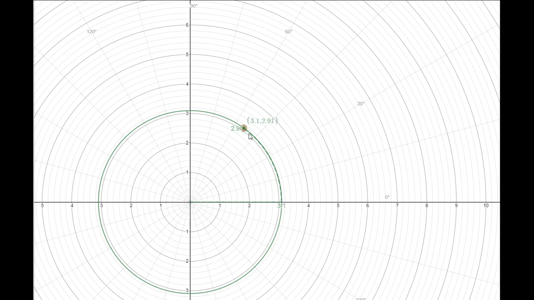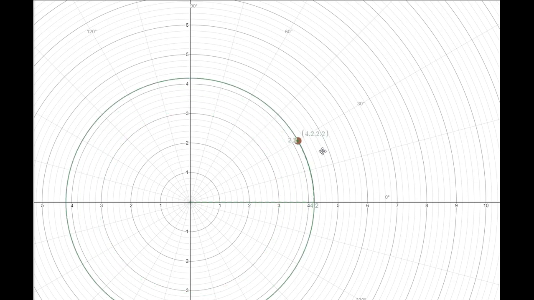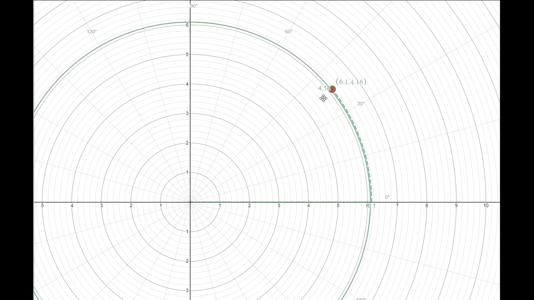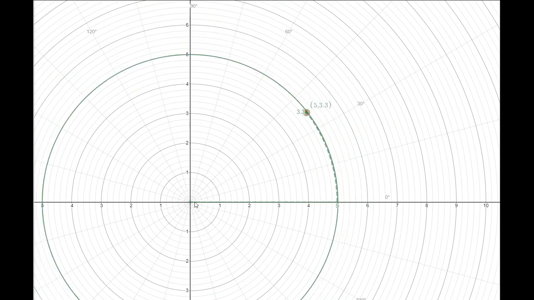So we call that an arc length. So we're measuring the radius of a circle and then the arc length along that circle to get to that point, and those two numbers are the coordinates for our point. And this would work no matter where I put my point on the coordinate plane. I just have to give you the number for the radius and then the number for the arc, and you can figure out where that point is.